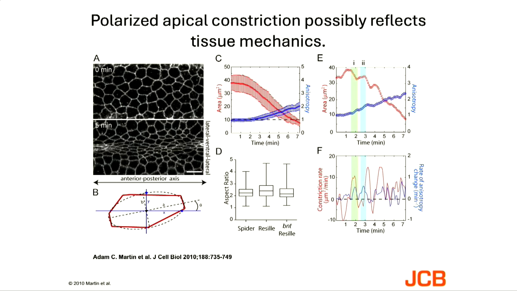And really, this is the compression which is taking place. So they look at these triple mutants of bicoid, nanos, and torso, which regulate the anteroposterior axis. When they remove all of these patterning factors of the anteroposterior axis, what they see is that there is no change to the rate at which this constriction is taking place.